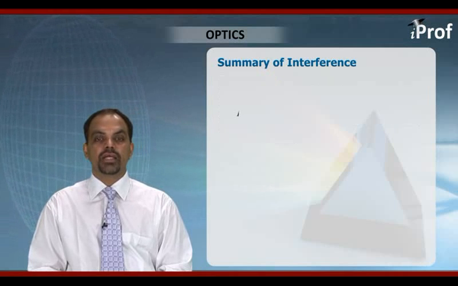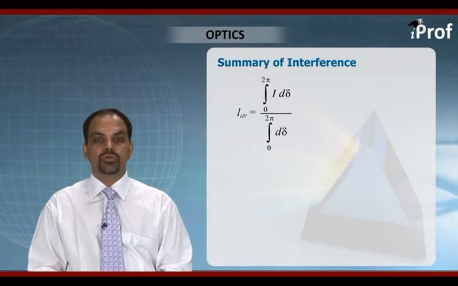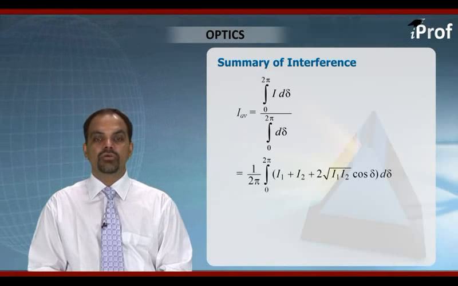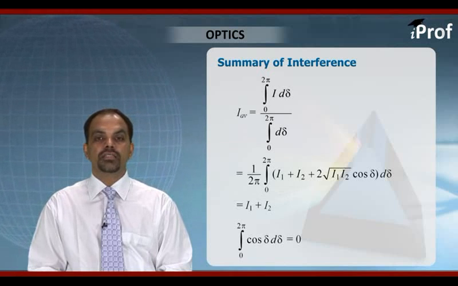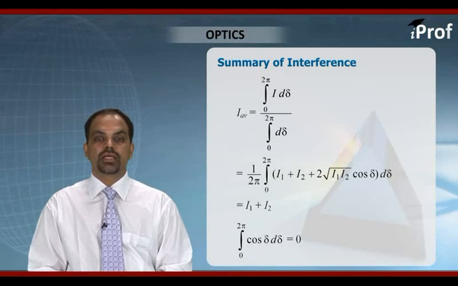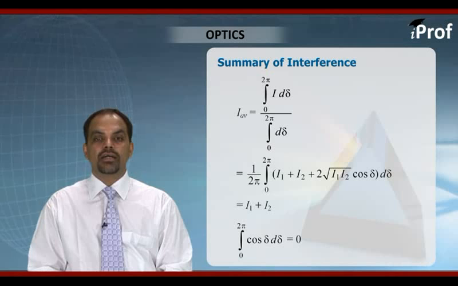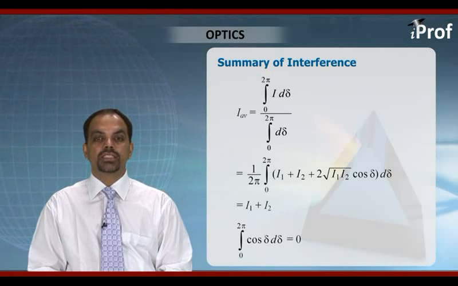Now if we calculate the average value over one cycle of variation, it works out to be 0. This is shown on the screen, where we have done the calculation of average intensity, and here delta is the phase difference between the arriving waves, and we know that the average value of cos delta over one cycle is 0.